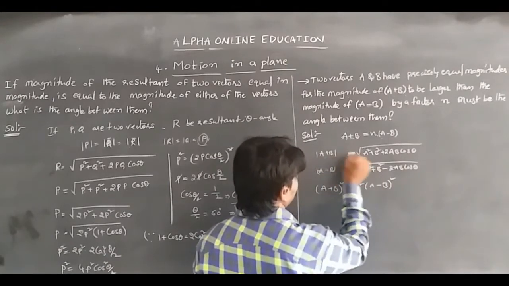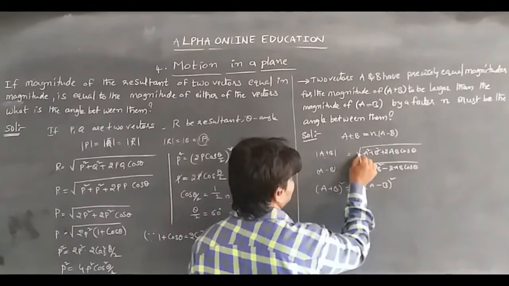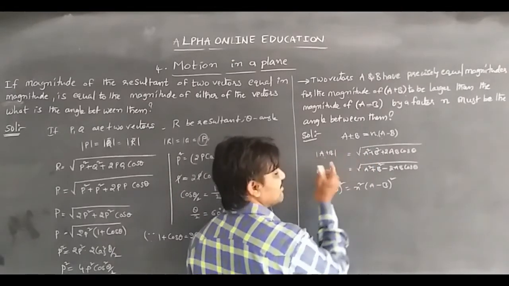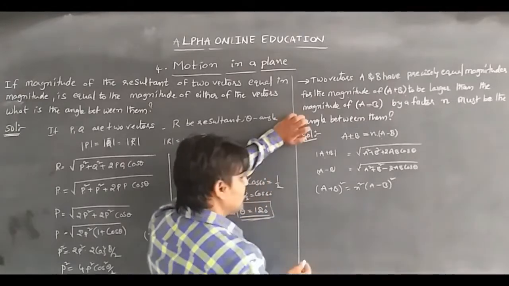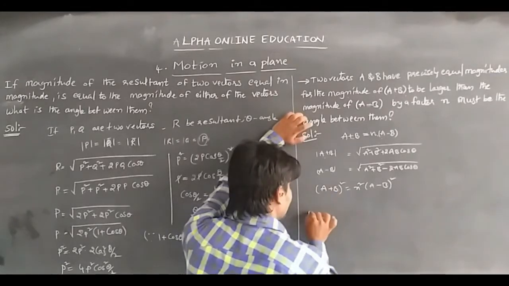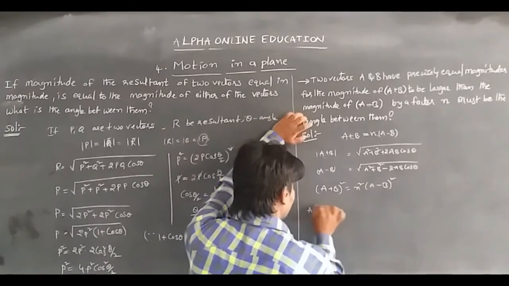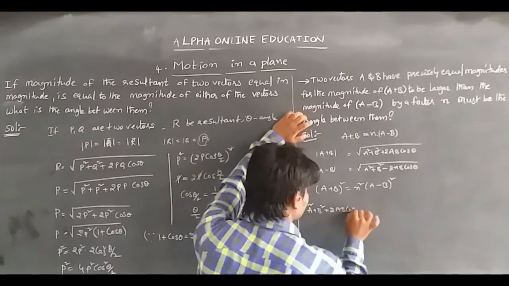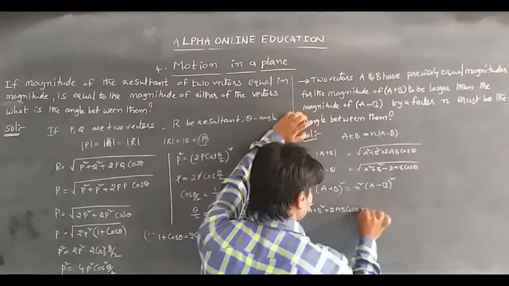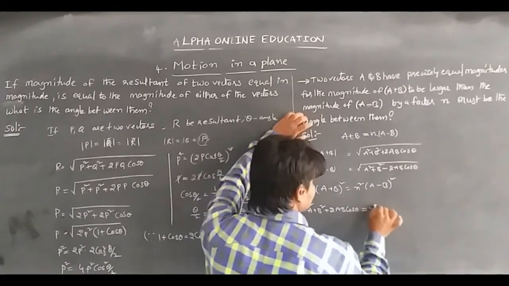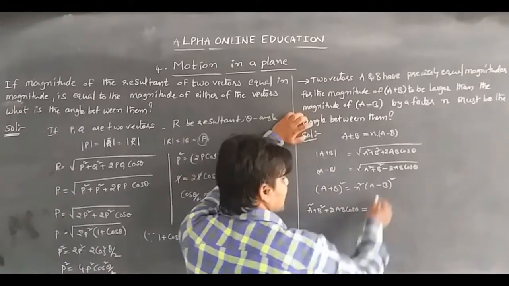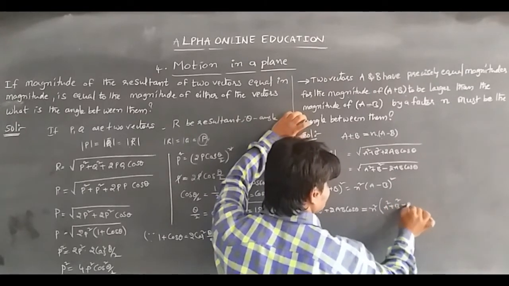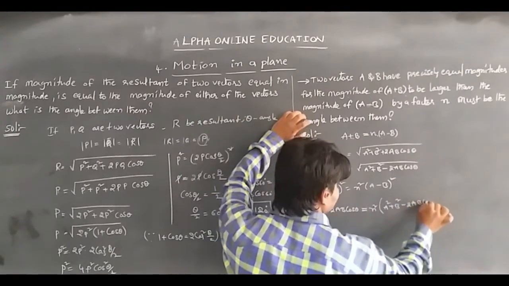So from this equation we can write A square plus B square plus 2AB cos theta is equal to n square into A square plus B square minus 2AB cos theta.